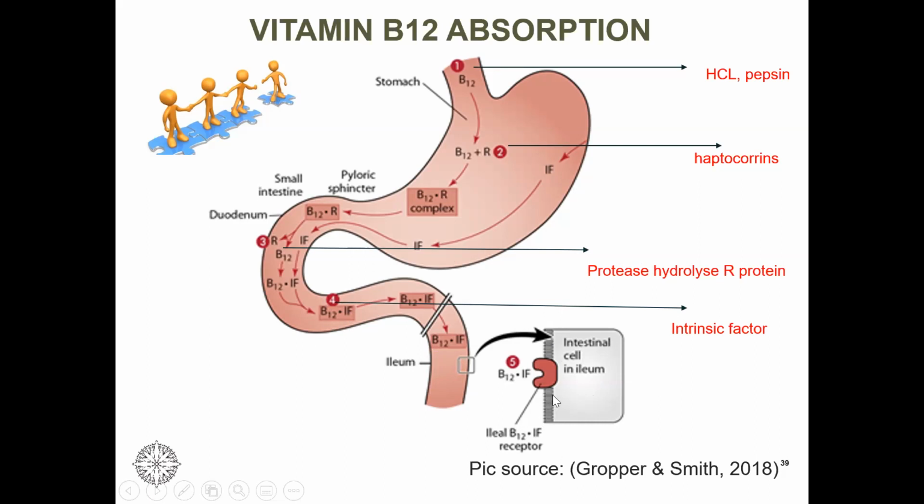There is a receptor here, and that receptor is known to need calcium. That's something we have come to understand quite recently. So calcium is required for B12 absorption too, because it supports this receptor, which takes in the B12-IF complex simply by endocytosis.